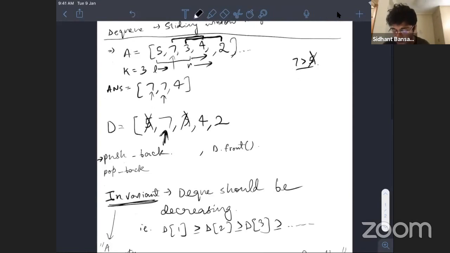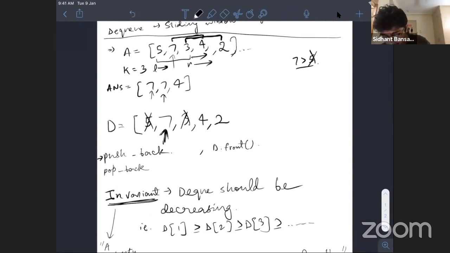So you actually keep a pair of element comma index. Here, instead of 5, you should have kept 5 comma 1. That is, the element 5 and the index is 1. Here, instead of 7, you should have kept 7 comma 2. That is, the element 7 with the second index.